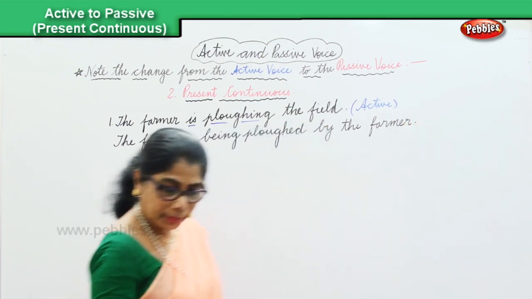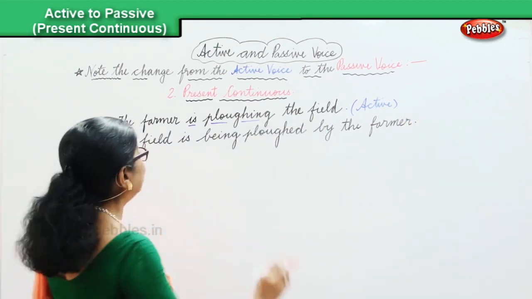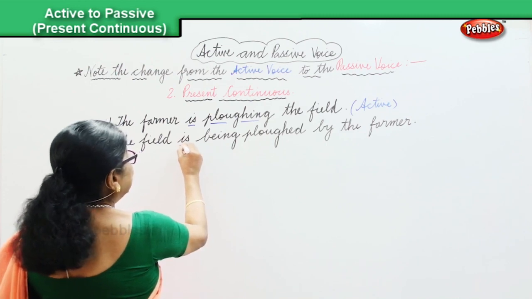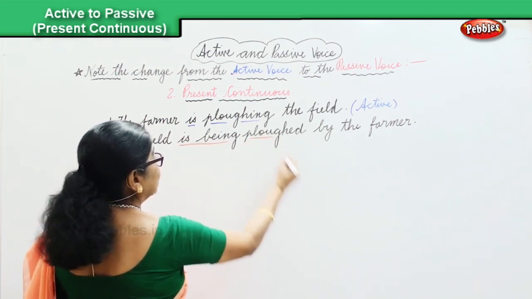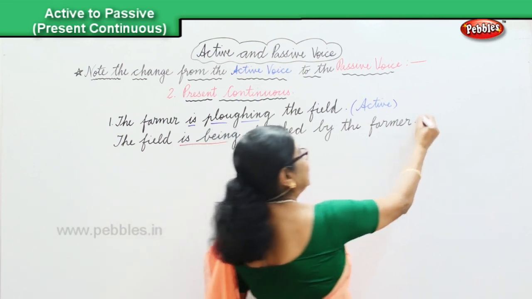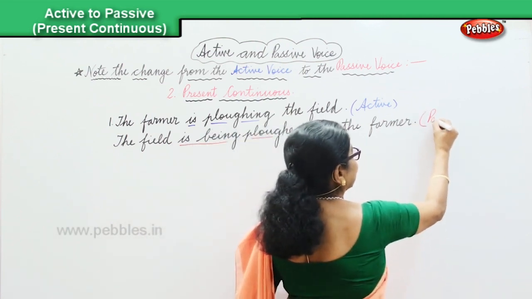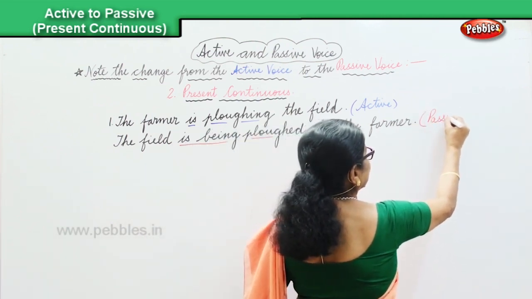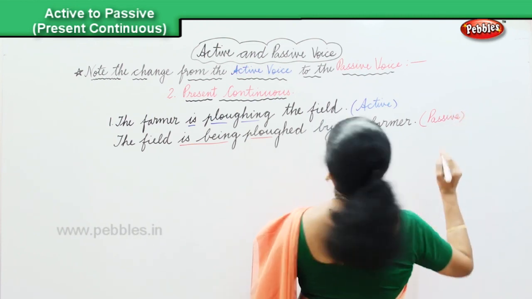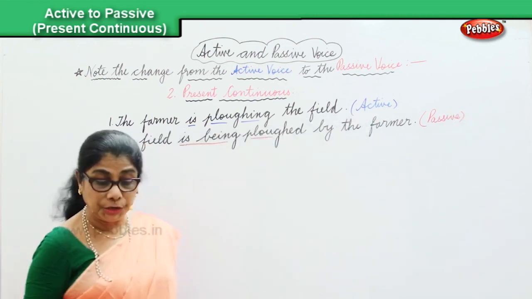Okay, now let's look at the verb, is being plowed. So that's in the passive voice, in the present continuous.